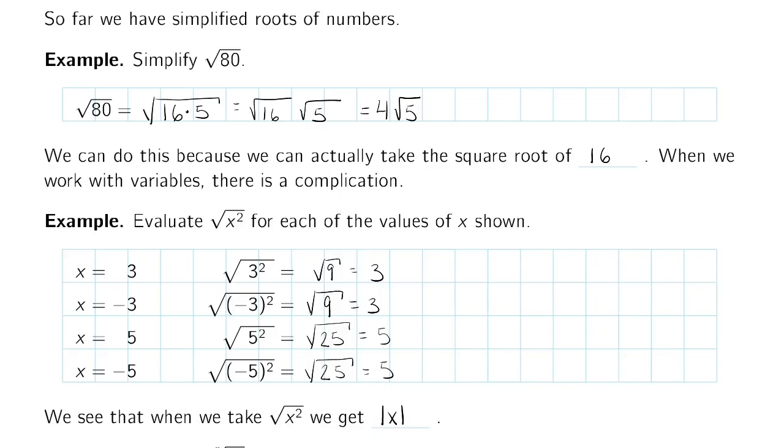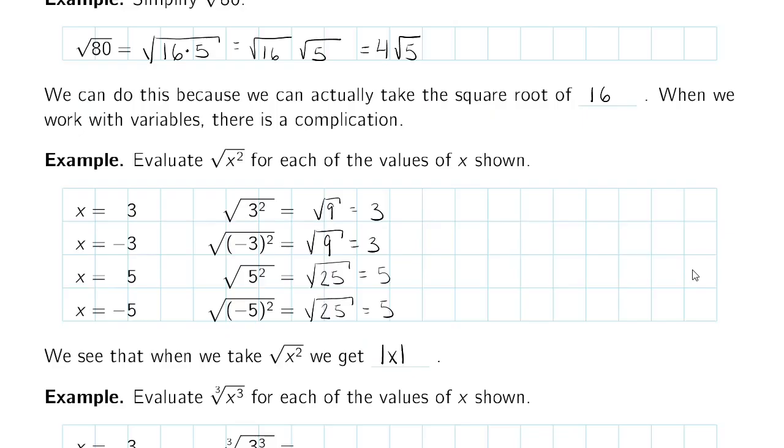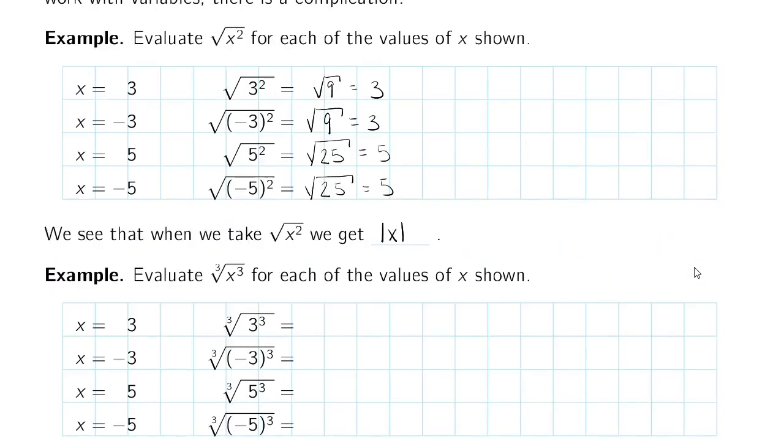Let's see if that happens for other exponents. Let's see what happens, for example, if we take the third root of x to the third. If we take 3 to the third, that's 27. So here we have the third root of 27, which is just 3 again.